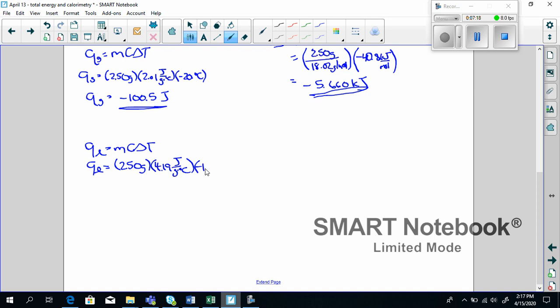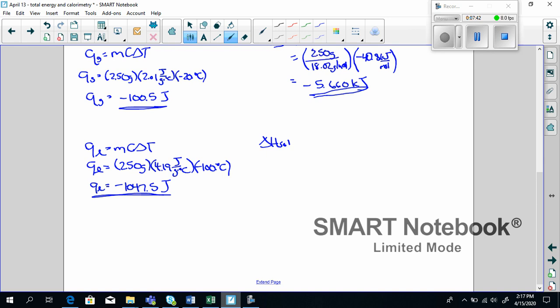So it's a decrease, make sure we include the negative, of 100 degrees Celsius. So Q of liquid will work out to be negative 1,047.5 joules. So there's step 3.